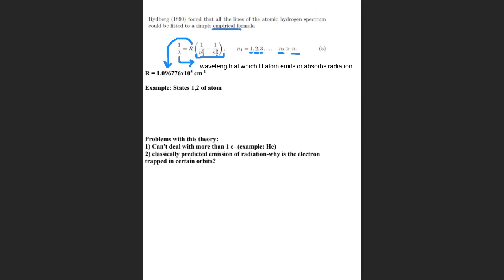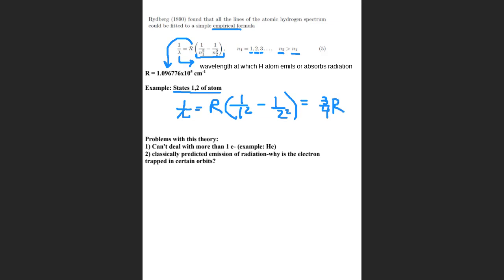Or if you want to know, for example, what happens for the absorption I drew, let's do that. States 1 and 2 of the atom. We stick them in the formula, like so.